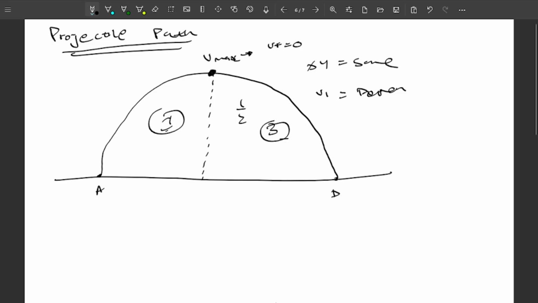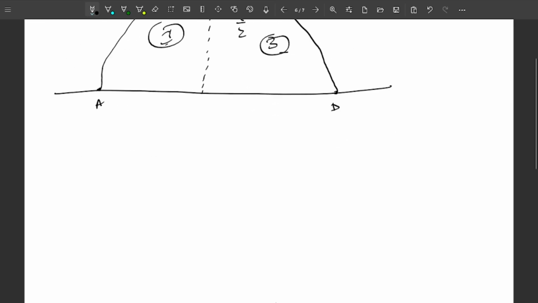Good. So these are the simple types of projectile that I can think of right now. But the complex ones, we're going to be doing them soon. Okay. So now I want you to think about this.